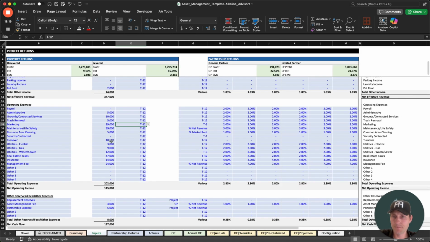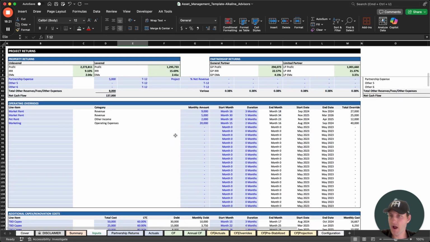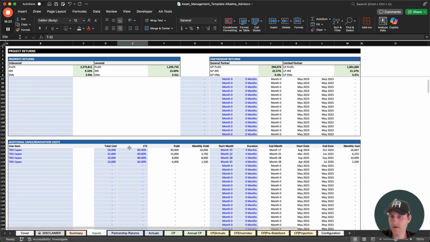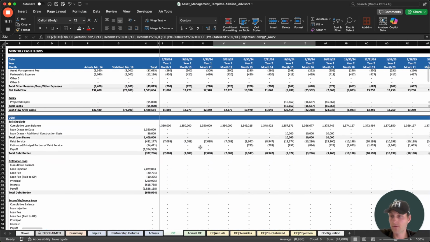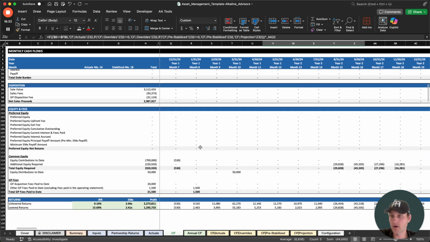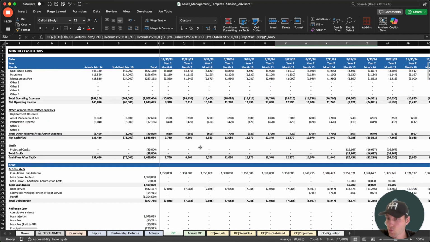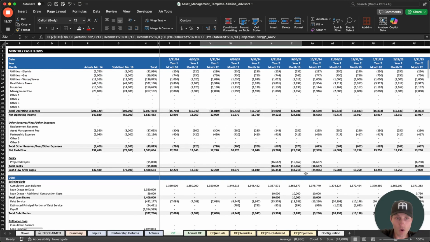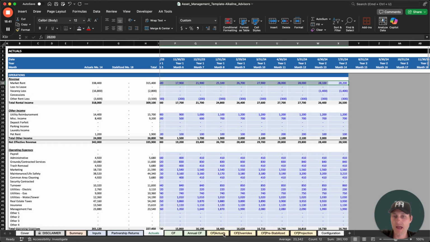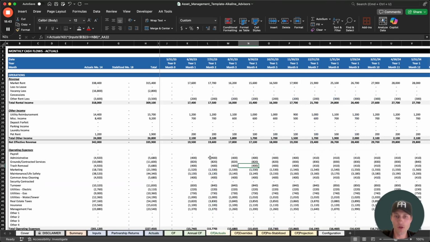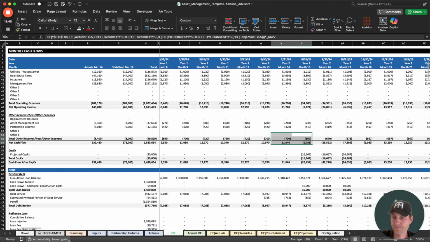So if we go back to inputs, we have overrides, operational overrides over here. We have additional CapEx and renovation, which we can add in. That's not at an operating segment. It's below, right? It'll be shown in CapEx. So all of that will flow through to the CapEx segment. And then all of that will then, again, flow through to this cash flow tab.